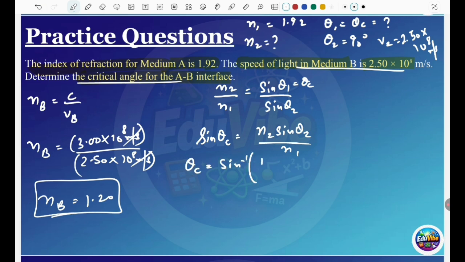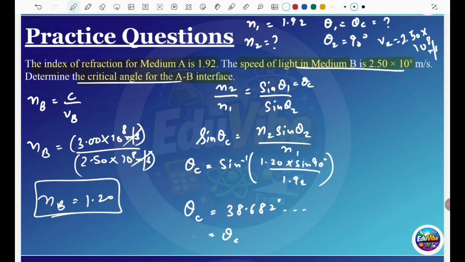So N2 is 1.20, sine of 90 degrees, upon 1.92. When you calculate this, you get 38.628 degrees, and you find the critical angle of 38.7 degrees in 3 significant figures.